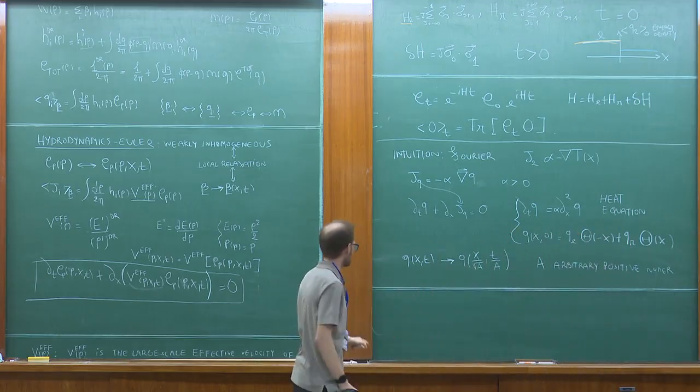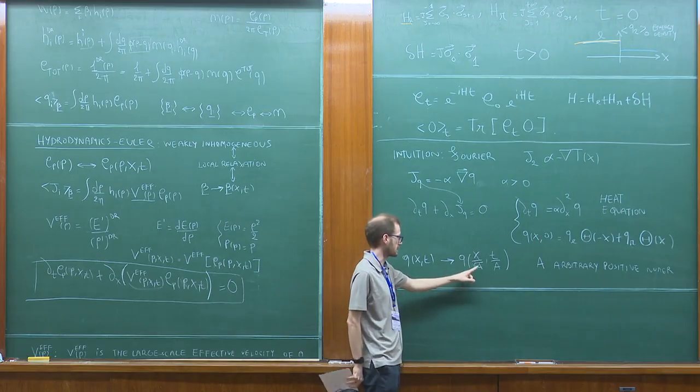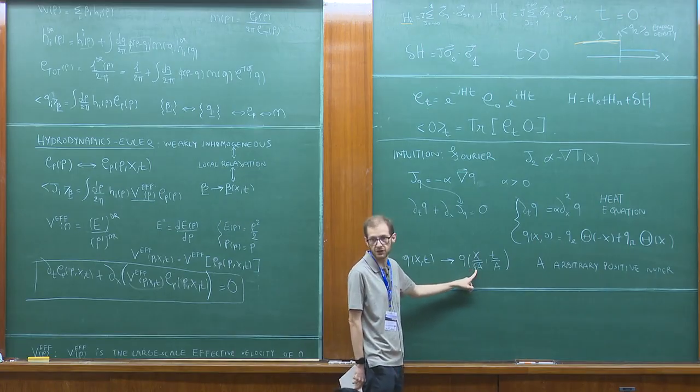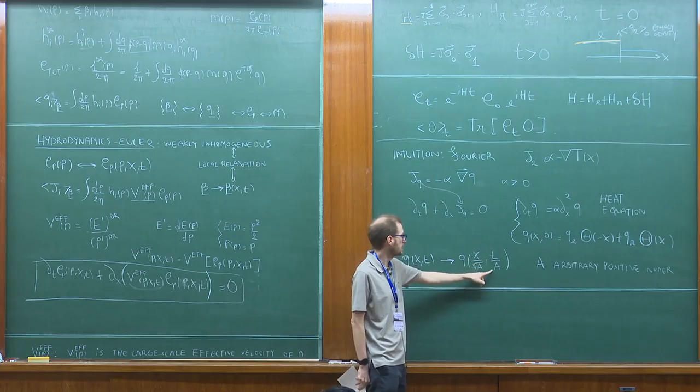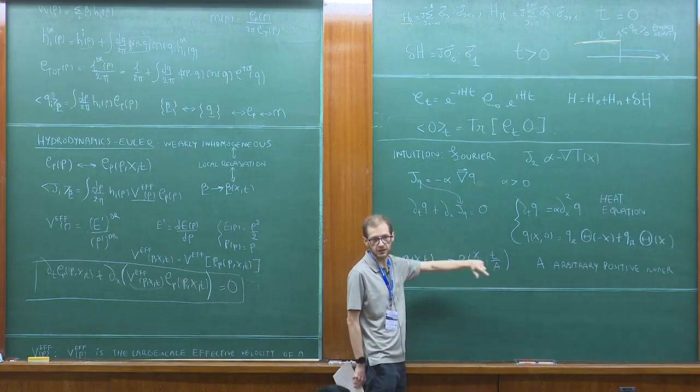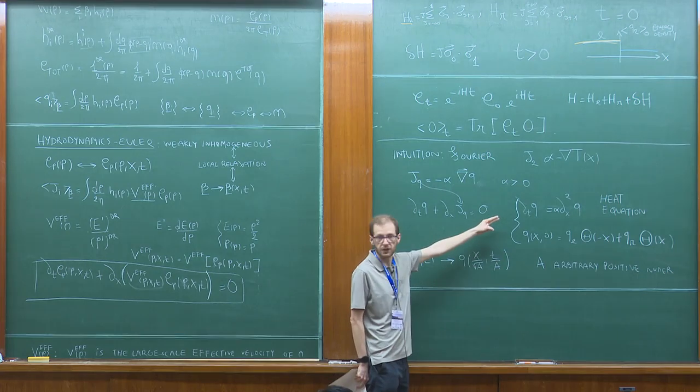If you scale x in space by the square root of some positive number, capital A, and time by A, you see that the initial condition is not changed, and also the equation is not changed.